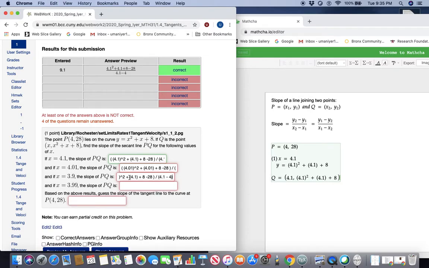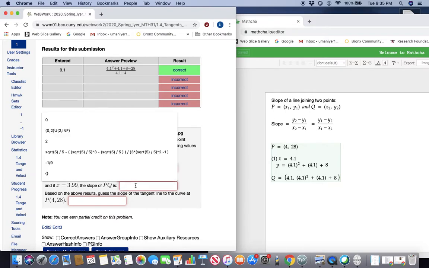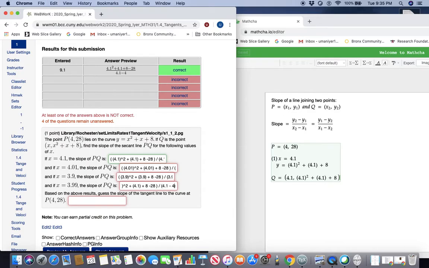So let me copy and paste. Instead of 4.1, I have 3.9 in each place. Make sure you don't erase any parentheses accidentally. The next one is the 3.99 x value.